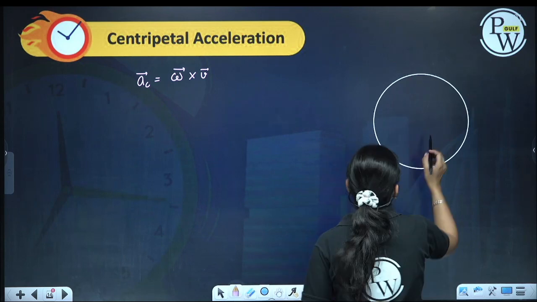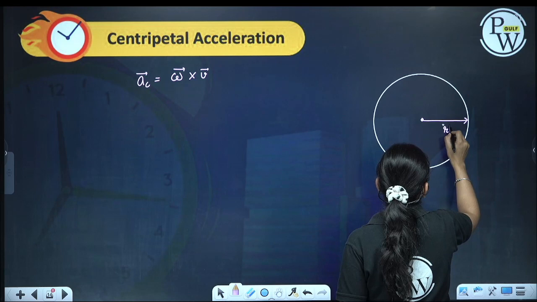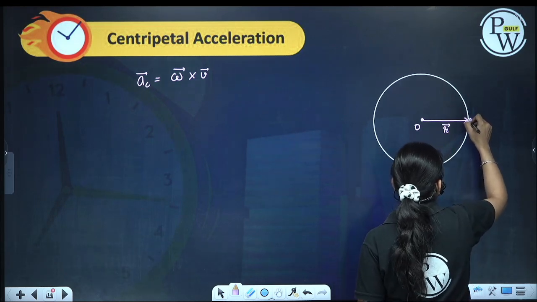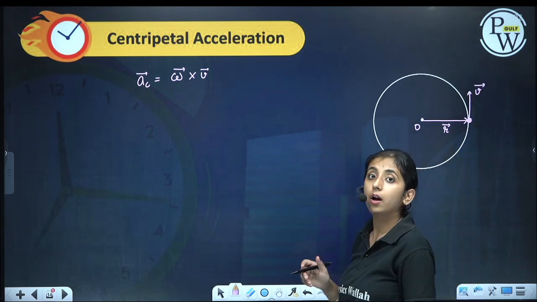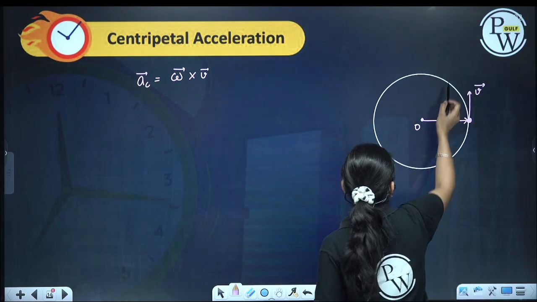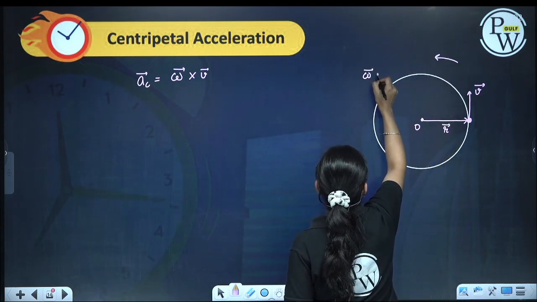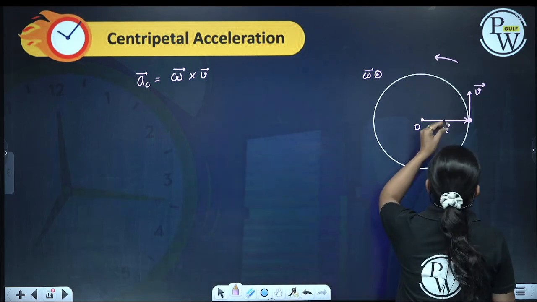Now if my particle is rotating in a circle, this will be my R. How is velocity defined? This is my velocity. Omega will be out of the page. If it is moving like this, omega is a dot. Now draw it out of the page.